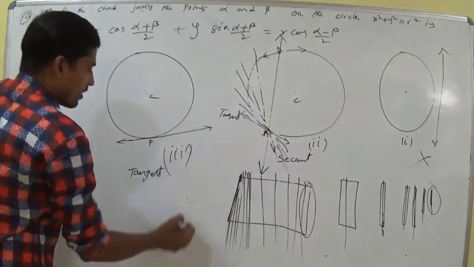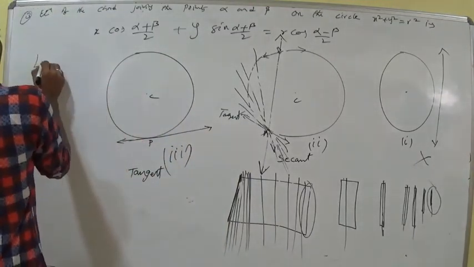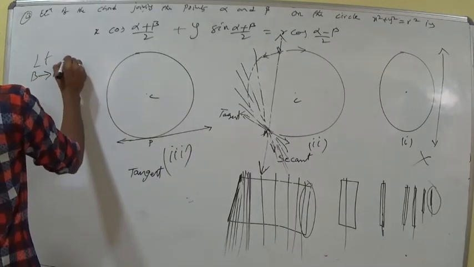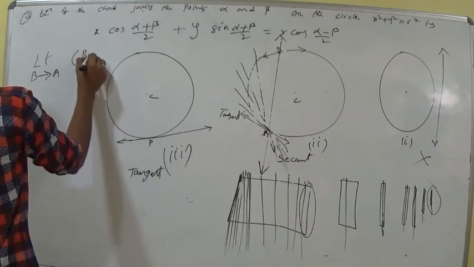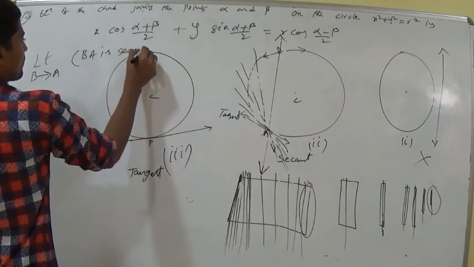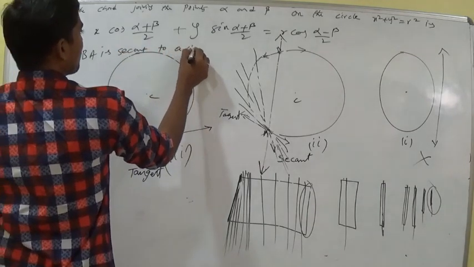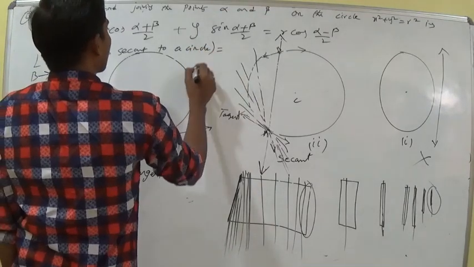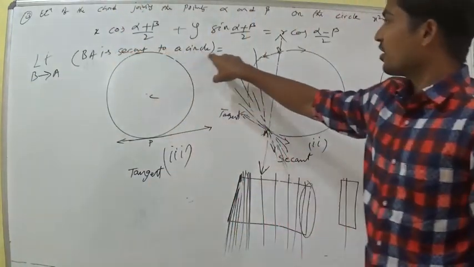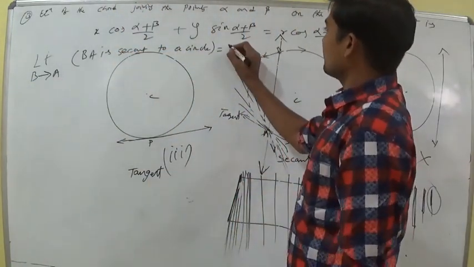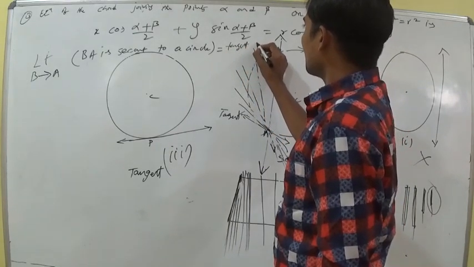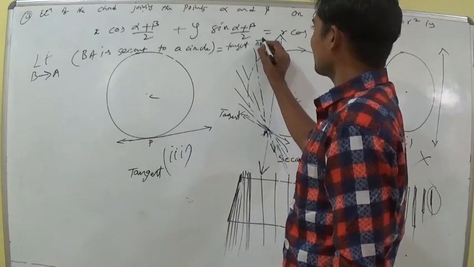Here it can be written as limit B tends to A. First of all, BA is a secant to a circle, and it is equal to the limit as B tends to A, where the secant to the circle becomes the tangent AB, right?